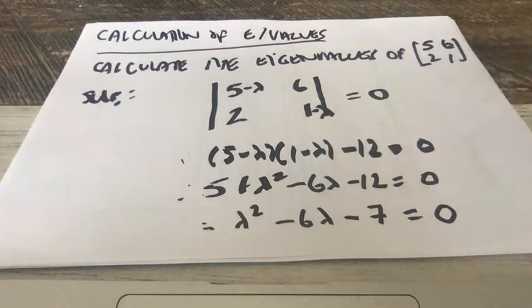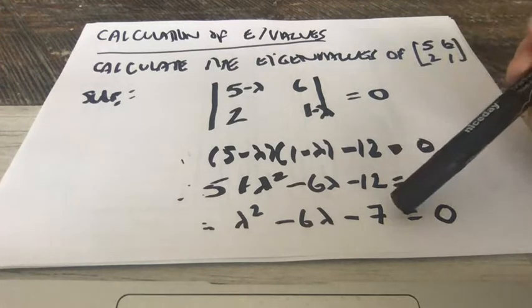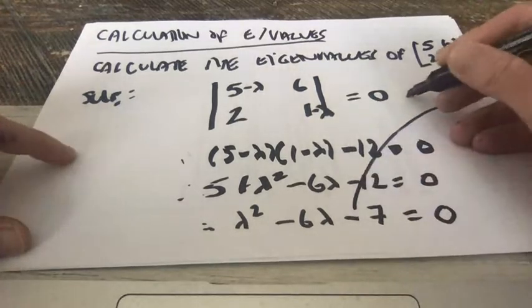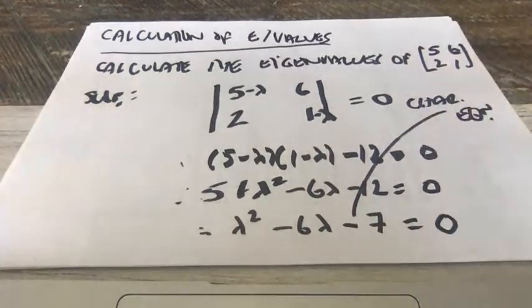If it's a 4 by 4 matrix, you get a quartic equation, and so on. The bigger the square matrix, the more complicated. This is what's called the characteristic equation. In this case it's a quadratic because you started off with a 2 by 2 matrix: lambda squared minus 6 lambda minus 7 is equal to 0.